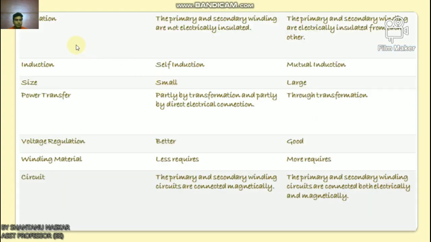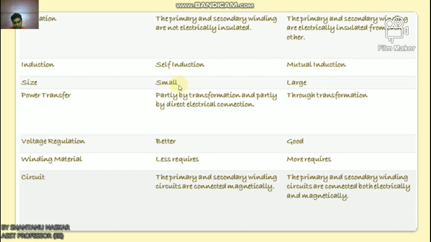According to insulation, the primary and secondary windings are not electrically insulated in an auto transformer, and in a conventional transformer the primary and secondary windings are electrically insulated from each other. About induction, this is self induction and this is mutual induction. Auto transformer is self inductance and conventional transformer is mutual inductance.